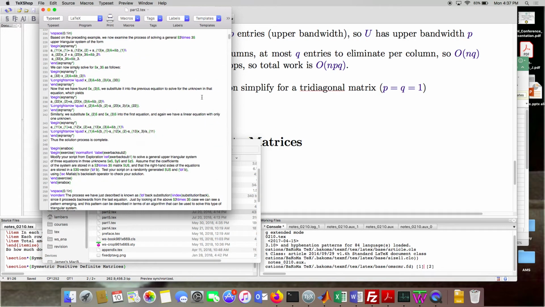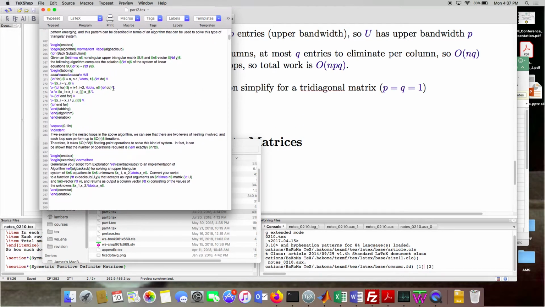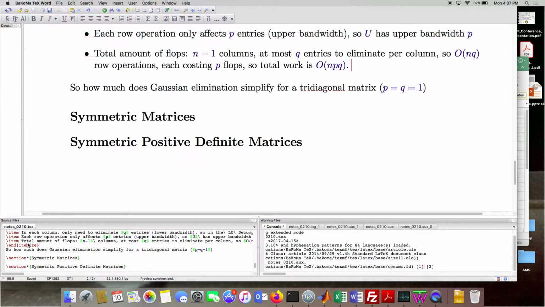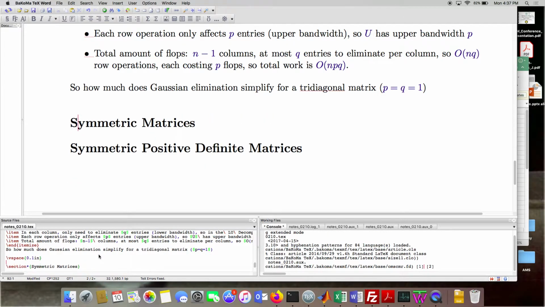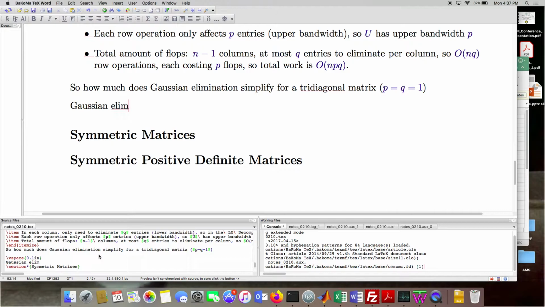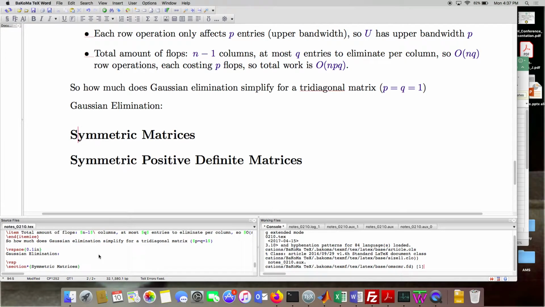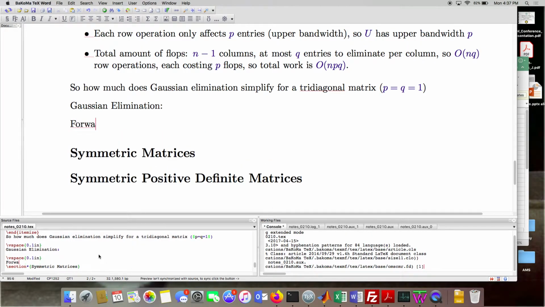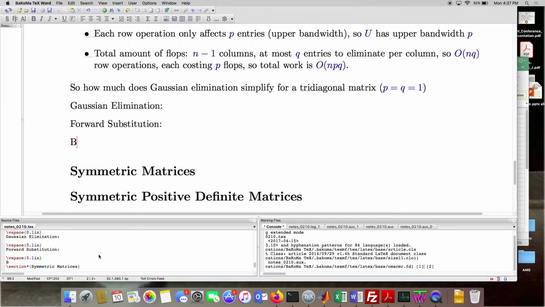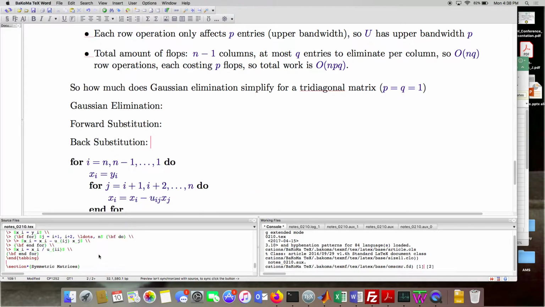Okay, so I just need to find them. For instance, here's the back substitution algorithm. All right, so there are 3 algorithms to look at. First there's Gaussian elimination, and then forward substitution, and then back substitution. I'll just paste back substitution right here.